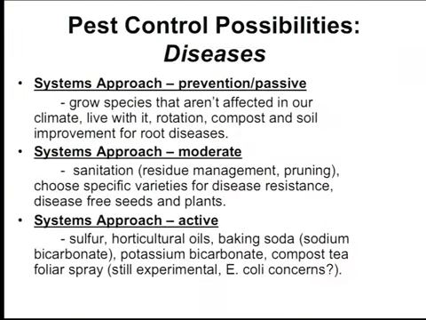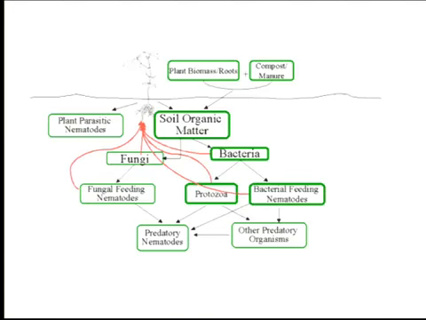The same thing, we can use prevention by using resistant varieties, do rotation, apply compost, and so on. Or if we have active disease, which is pretty aggressive, it can cause secondary problems. The main thing here is that we want to increase the organic matter in the soil.